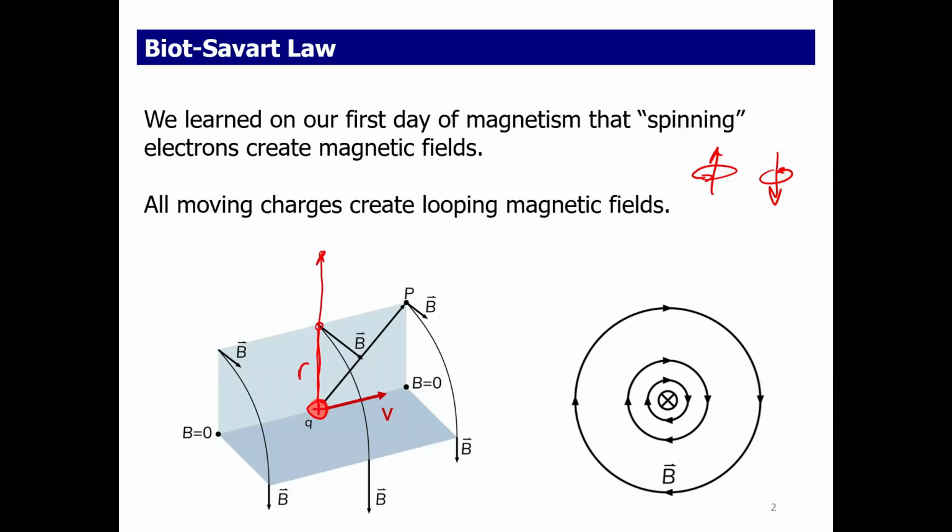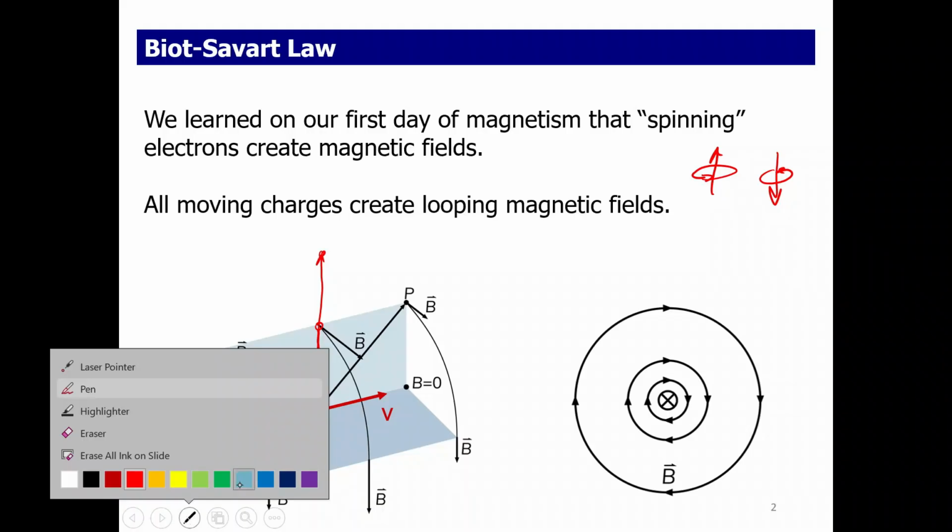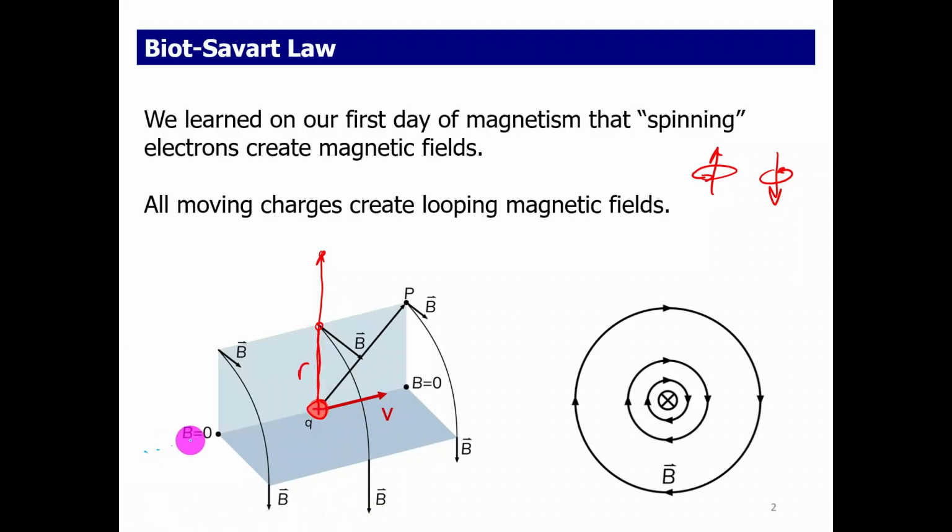There is something kind of interesting going on here, and that is if you notice along the central axis, if you were on the axis right here of where that velocity is, if I was to pick a point here and draw an r vector, if your r is parallel to your velocity, then there is no magnetic field at that location.